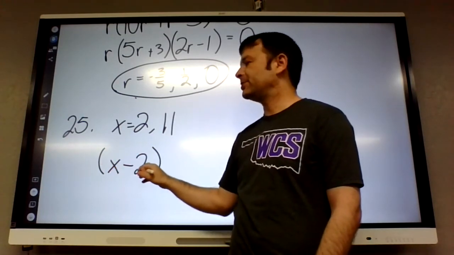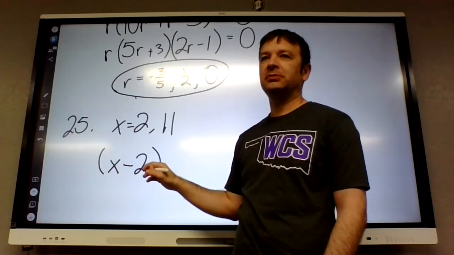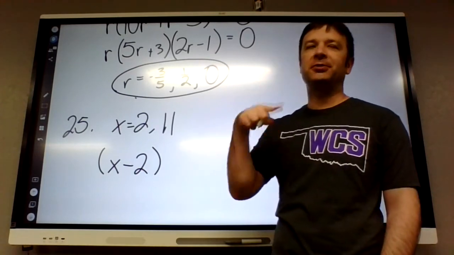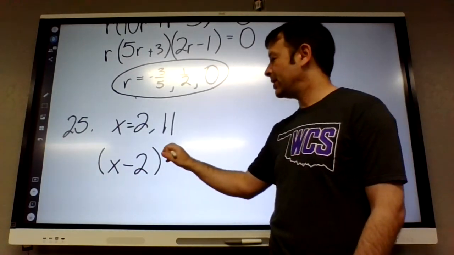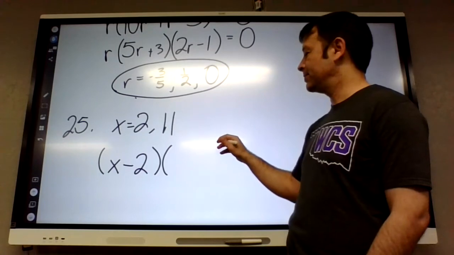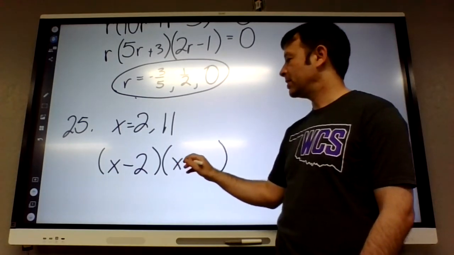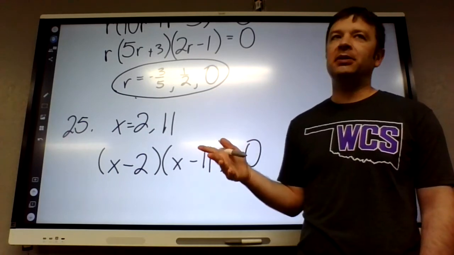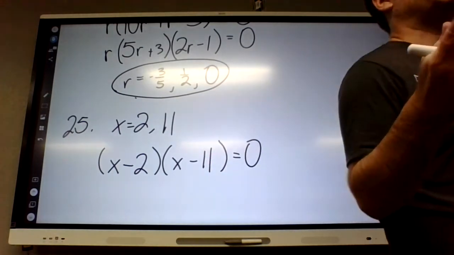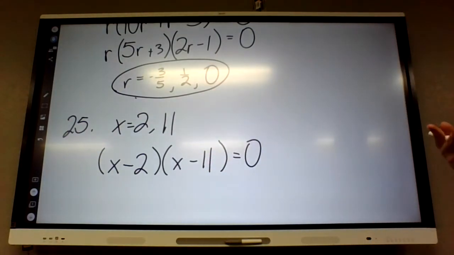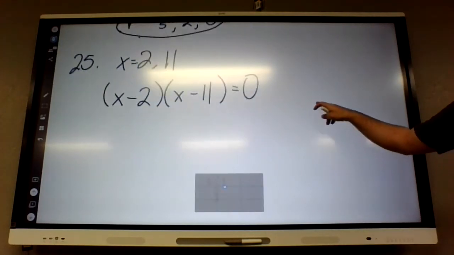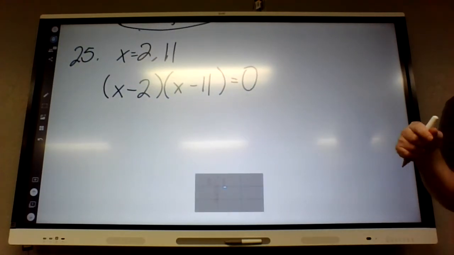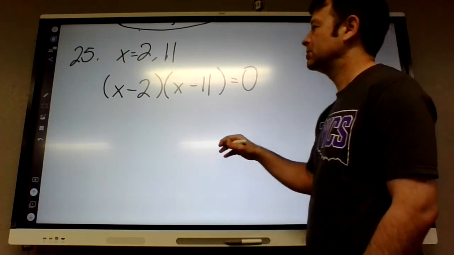Well, x minus 2. So we're just doing the thing backwards. If 11 is an answer, x minus 11. Now technically, this is the equation, but we want it in standard form, so guess what I have to do? Foil, yes.